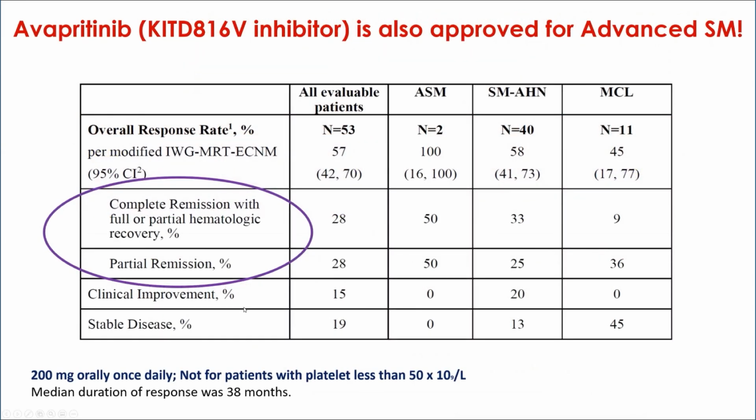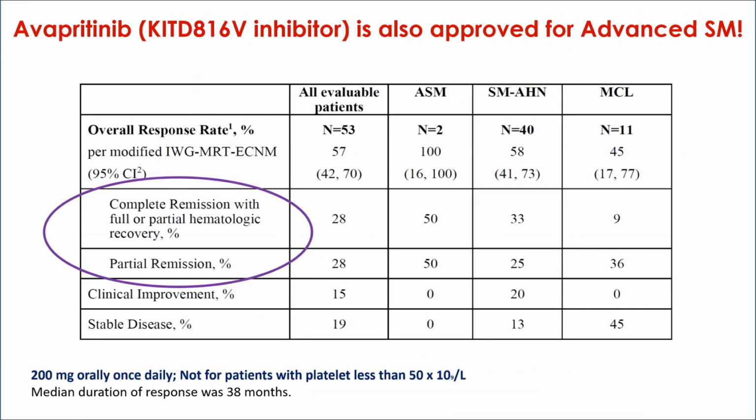And more recently, about a year ago, avapritinib was approved, another KIT D816V inhibitor, which appears to be more effective than midostaurin, although we don't have a head-to-head comparison. But just by looking at what I'm showing here in the circle on the left side, complete remission or partial remission and the percentages that follow give you a perspective that this might be a useful drug in your management of patients with advanced systemic mastocytosis.